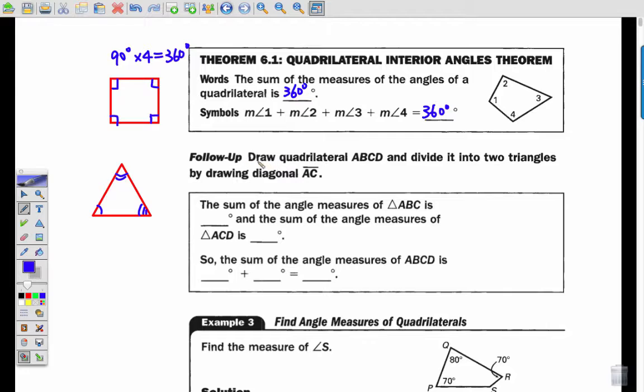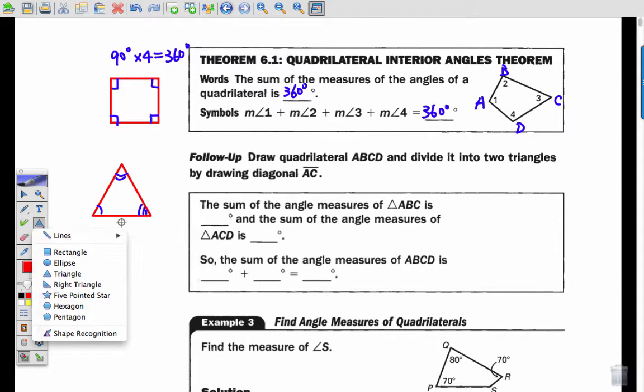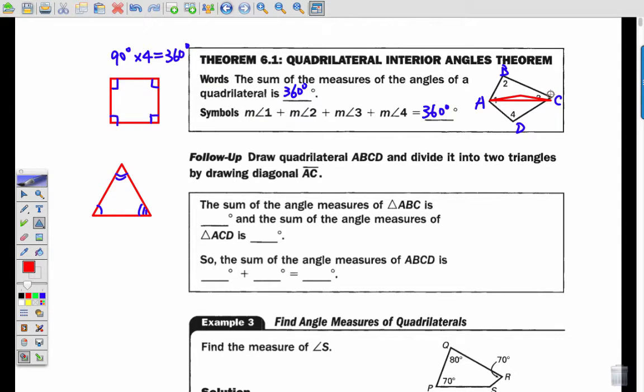Okay? So this is really interesting. This follow-up asks you to draw quadrilateral ABCD. So I'm going to just be lazy. I'm just going to use this quadrilateral, any random quadrilateral. And then it's asking me to divide it into two triangles by drawing diagonal AC. So if I just connect point A with point C, oops, sorry. Why is that a triangle? I was trying to get to a line. If I do this, okay, this is really good.